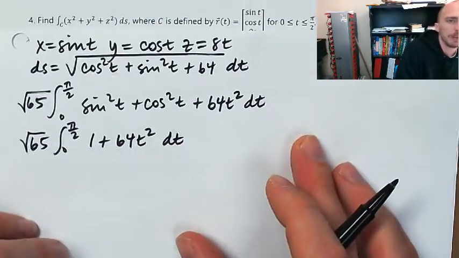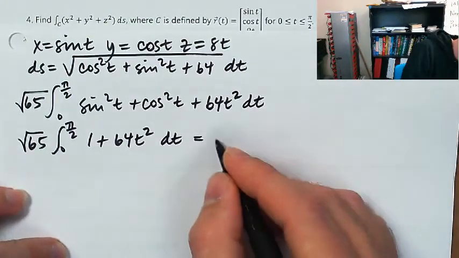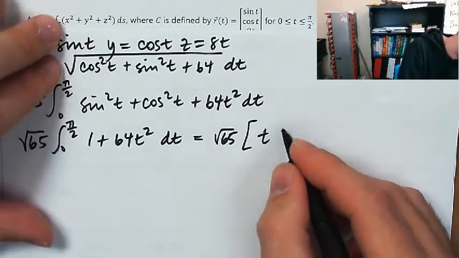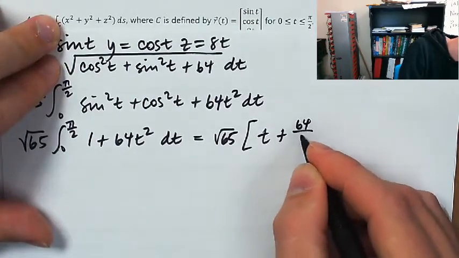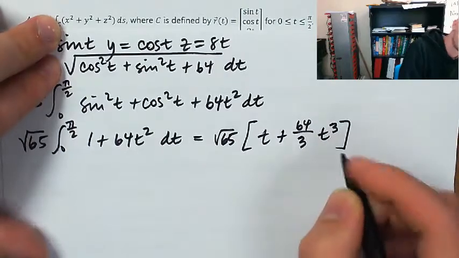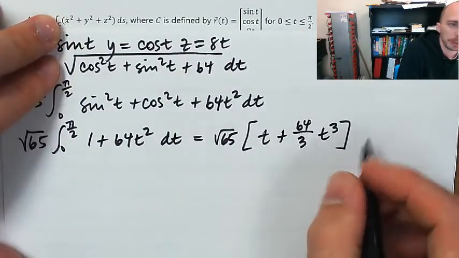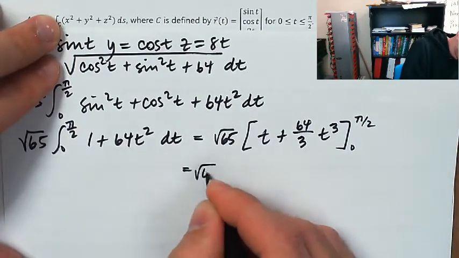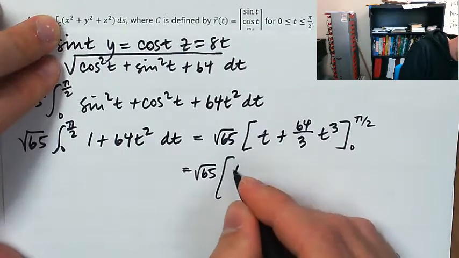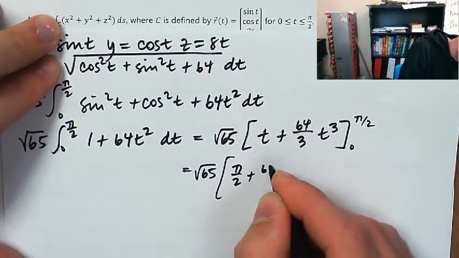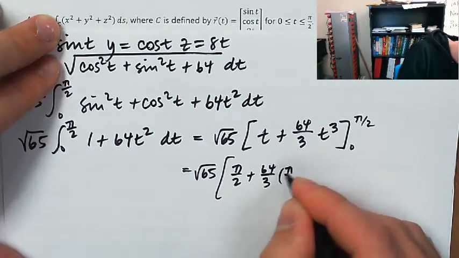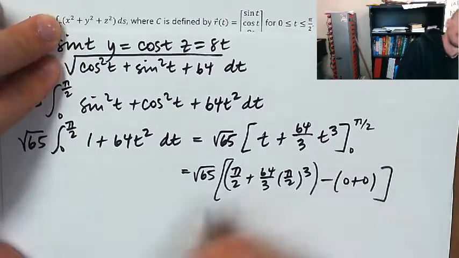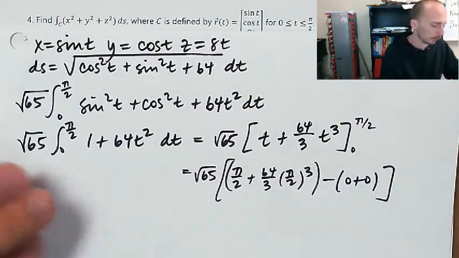All right, I'm going to take an antiderivative. Plug in t equals 0 and t equals pi over 2, and I'll have a value. Okay, that's good.